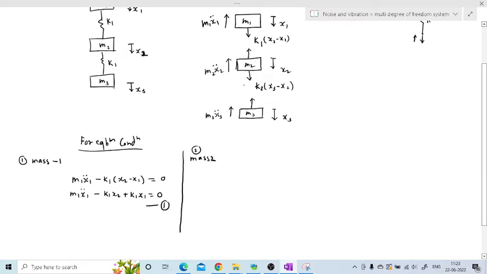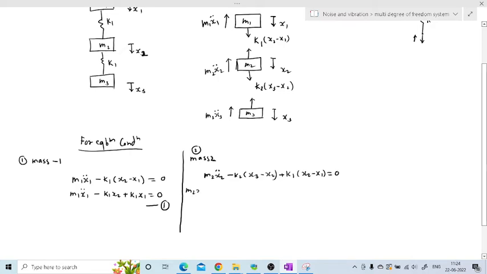Now write the differential equation. m2 x2 double dot, that is upward, then this downward force minus k2 times (x3 minus x2), then this upward force plus k1 times (x2 minus x1) will be equal to 0. Now simplify this one.